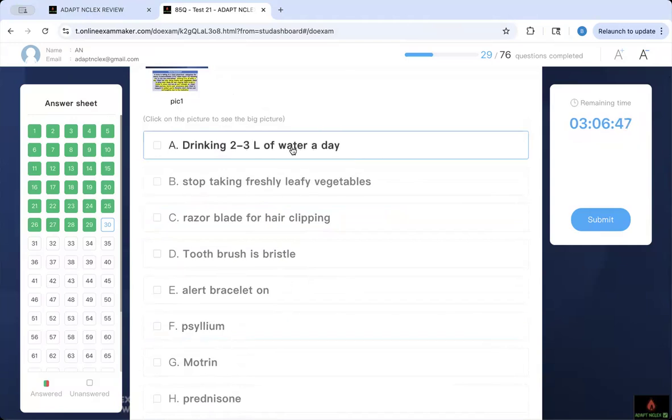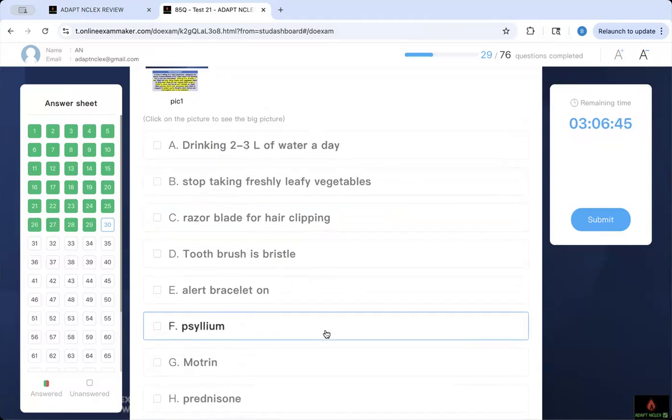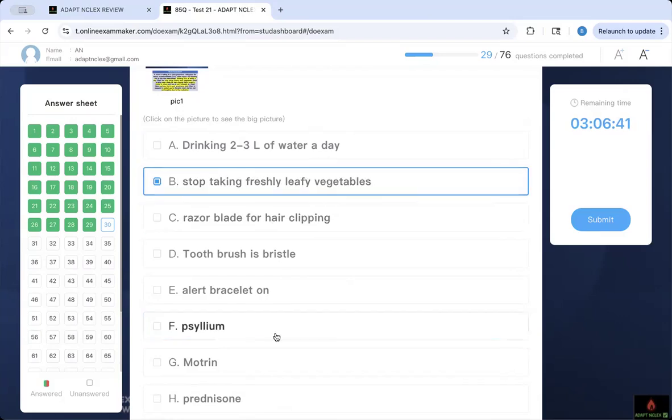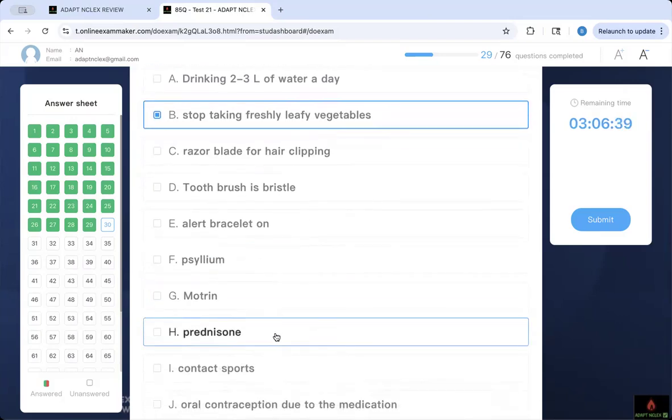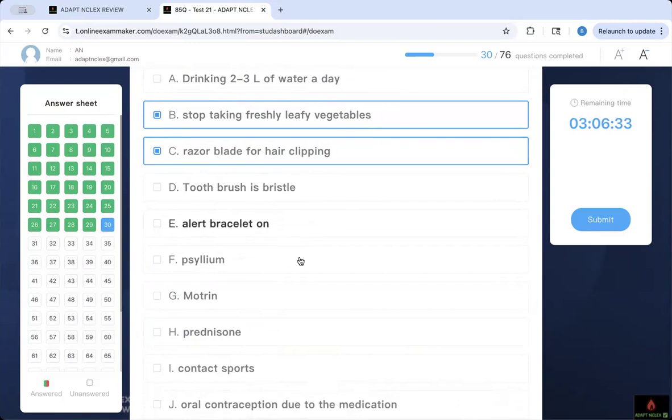Drinking 2 to 3 liters of water a day is good. It prevents DVT. But you should not stop fresh leafy vegetables. It does not affect diet. Use razor blade for hair clipping? You're going to cut yourself. Use clippers. Your toothbrush is soft bristle, that's good, right? Prevents bleeding.